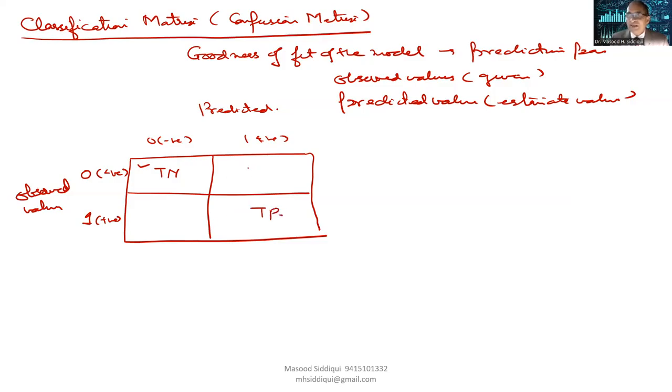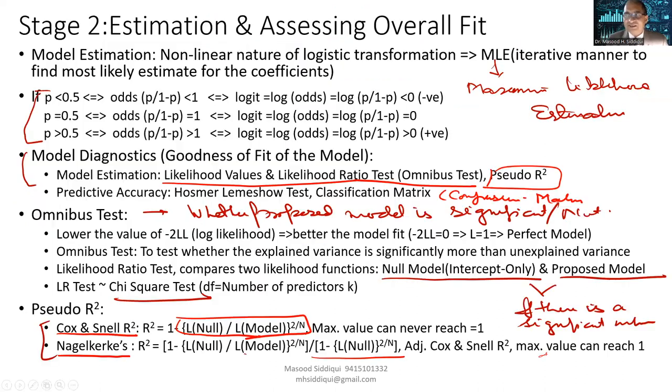Now here, the actual value is negative, but it has been predicted as positive. So this is known as false positive, because it has been predicted as positive, but it is a false prediction. Here, it has been predicted as negative because this is 0, but actually this is a positive value. So this is known as false negative, right? So this is the matrix that we discuss here.